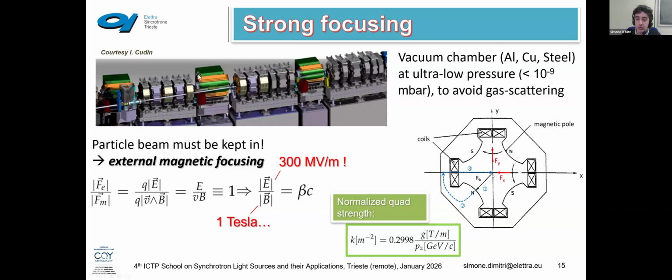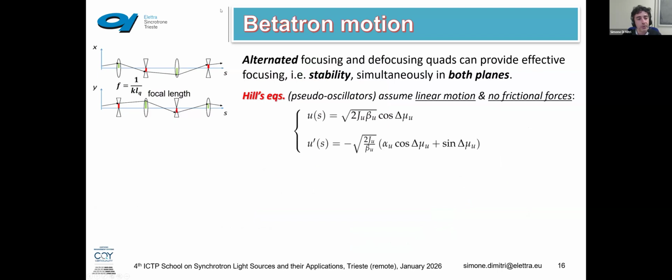If you want to do that, and that's what we are aiming for with a series of quadrupole magnets, you have to put focusing and defocusing magnets per plane, one after the other. In other words, a proper arrangement of strengths and distances between the quadrupoles allows you to focus overall along the whole path, simultaneously in the horizontal and in the vertical plane.